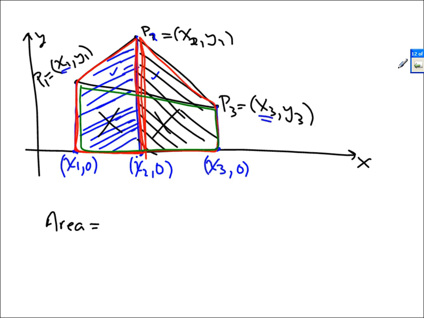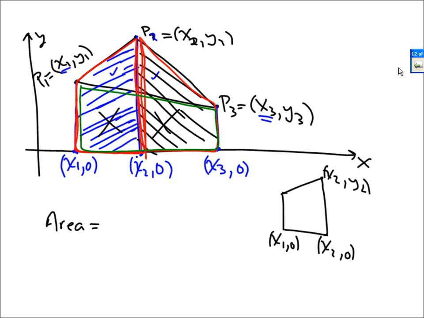Now, that left rhombus looks something like this. This point is x1, 0. This point is x2, 0. This point is x2, y2. And this point here is x1, y1.